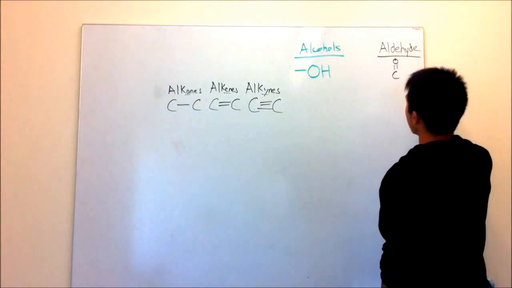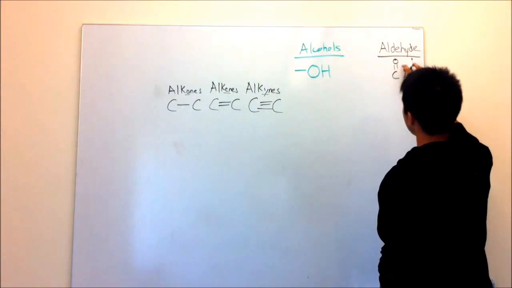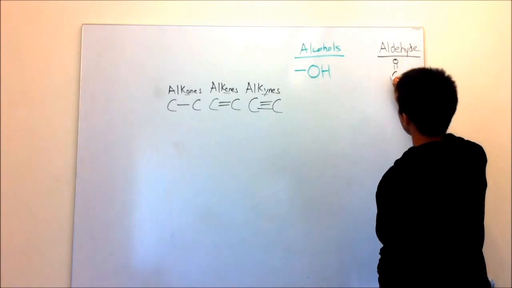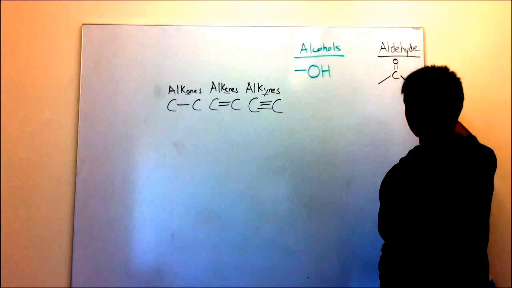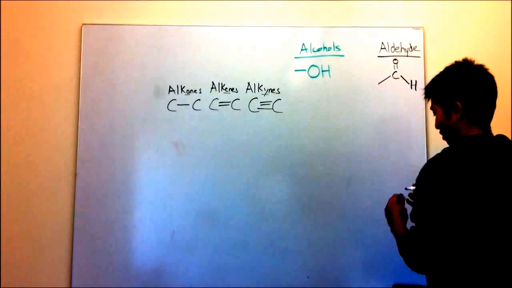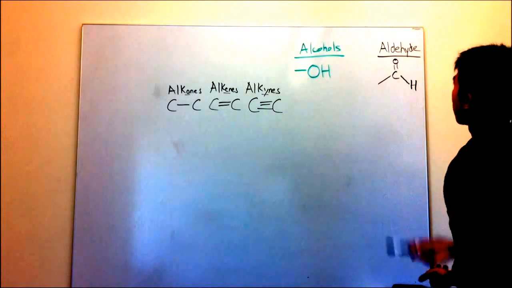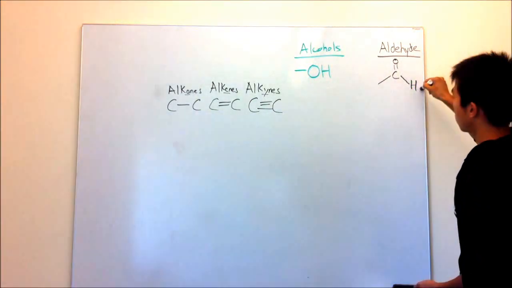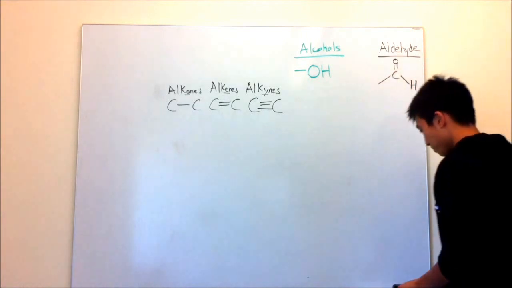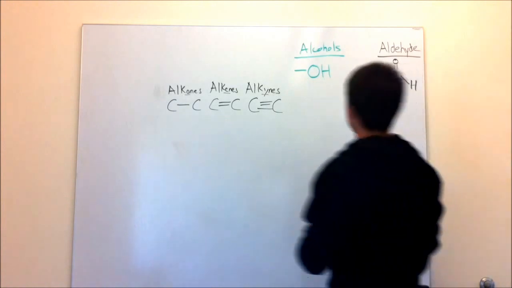The aldehyde has a carbon bonded to an oxygen, a carbon chain to the left, and a hydrogen right here, and that's it. So alcohol is just OH, and aldehyde is a carbon double bonded to O with a hydrogen and a carbon chain. Now we're going to go more complicated.